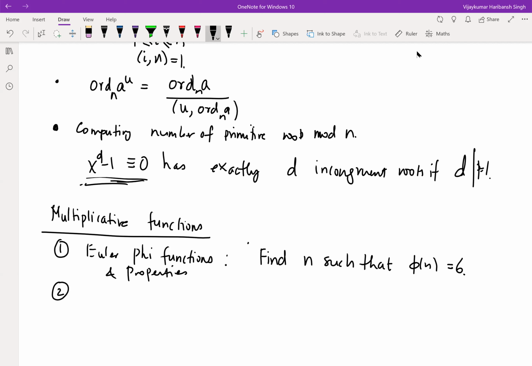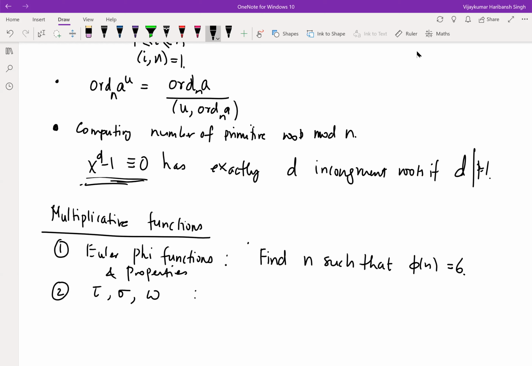Second, we discussed the tau function. We talked about the sigma function. We talked about number of divisors functions, right?